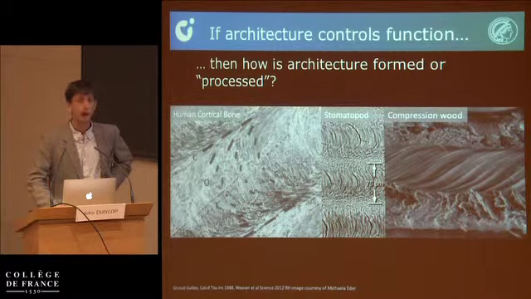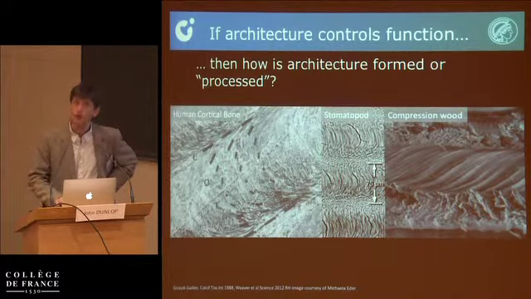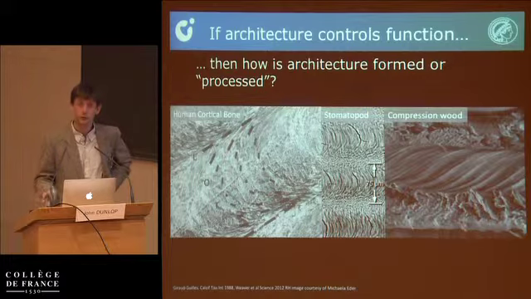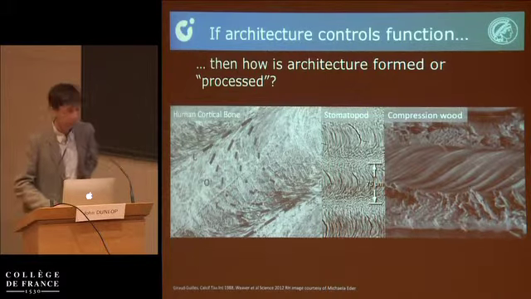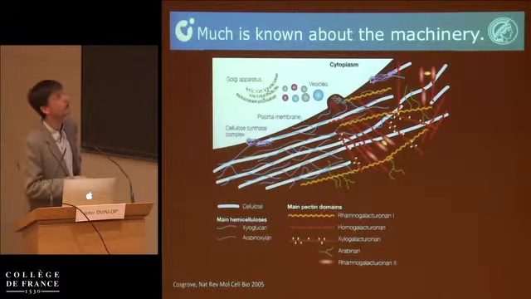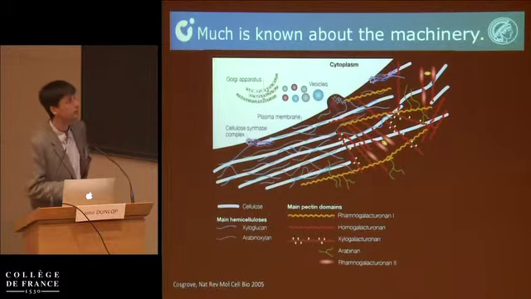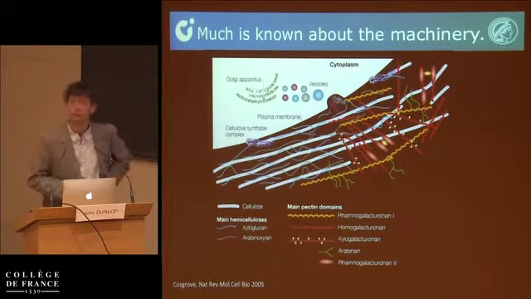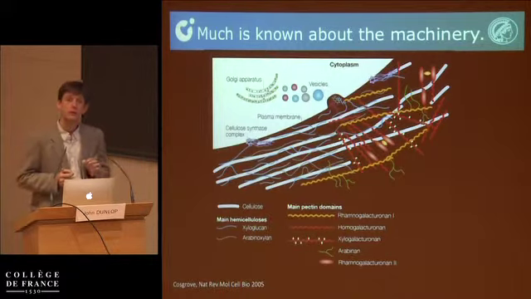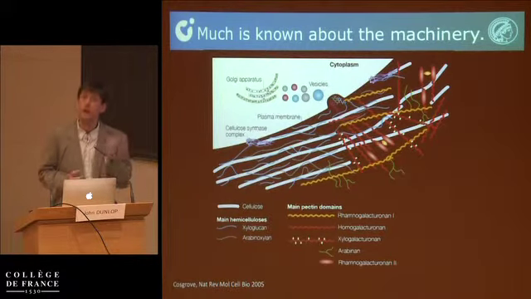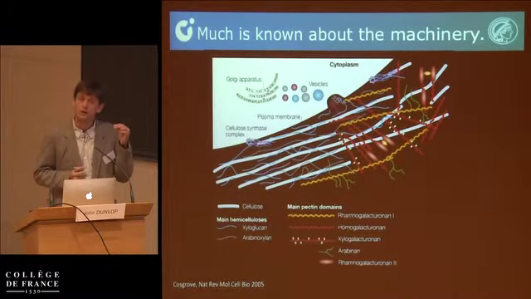So I'll talk very briefly about plants, and then I'm going to switch kingdoms and talk more about animal cells. But in plants, at least, a lot is known about the machinery, and that's mainly related to the work of Cosgrove. What they've managed to show is that the cell cytoskeleton, so inside the cells, the microtubules, can control the deposition of cellulose.